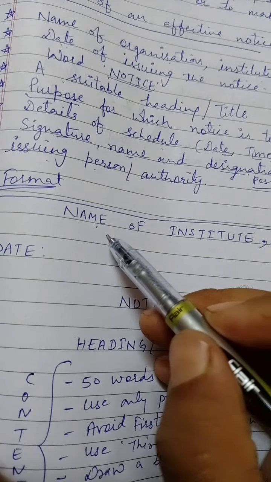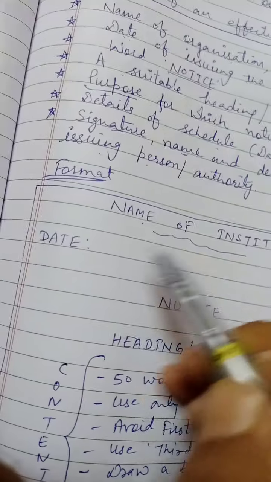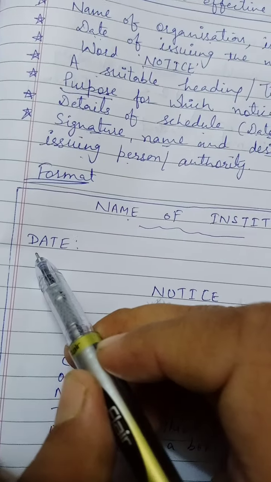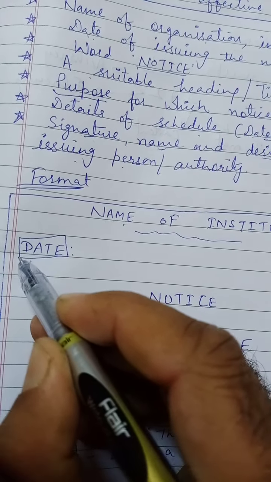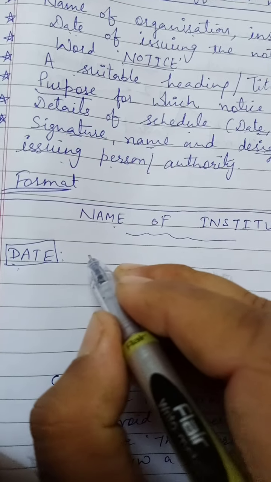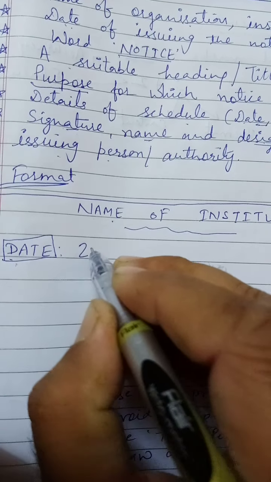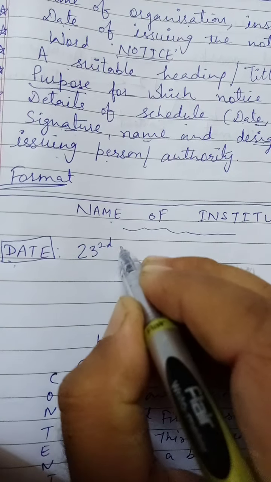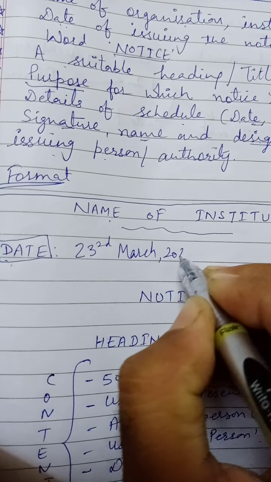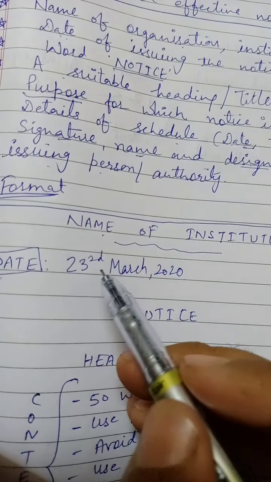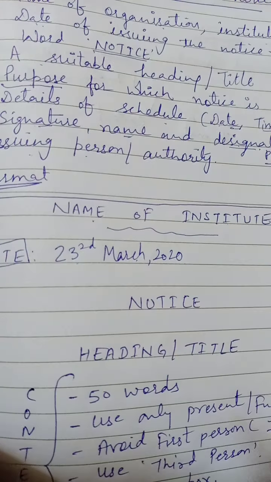The next one, leave one line blank, put the date, and do not write the word date directly. For example, 23rd March 2020. Directly we need to put the date.